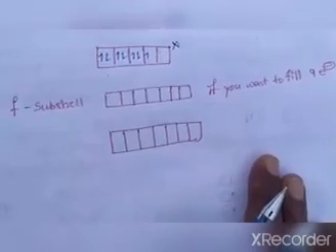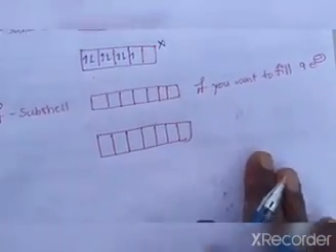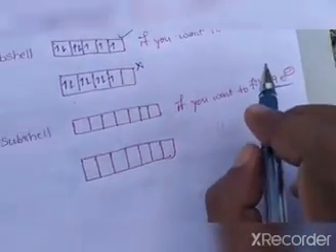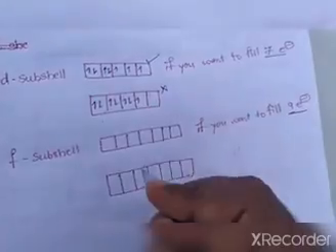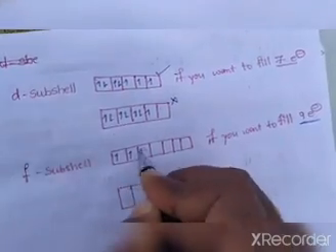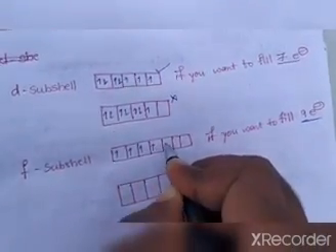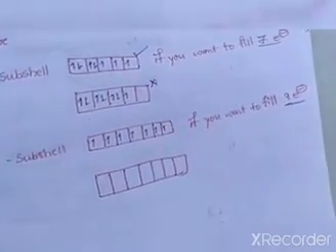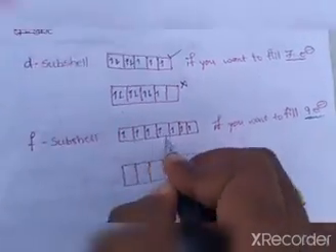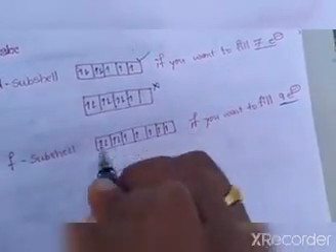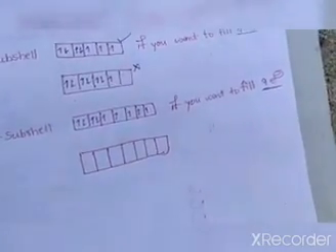Similarly, if you apply Hund's rule to the f subshell here, if you want to fill 9 electrons, you first fill singly, meaning each orbital will be occupied by a single electron. After they are singly occupied, after the 7th, the 8th electron will start pairing, and the 9th will pair like this.